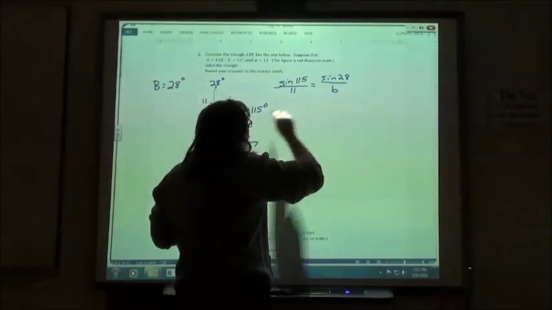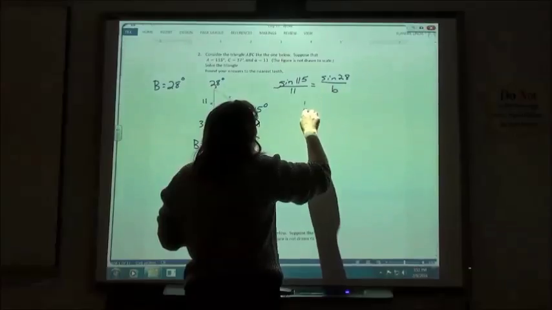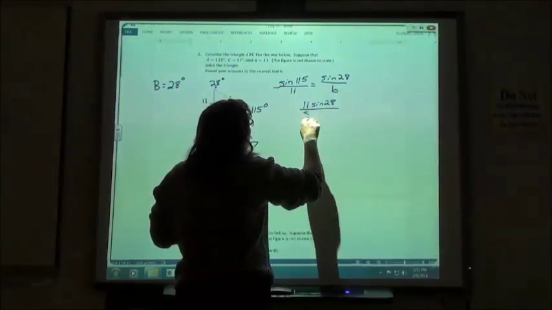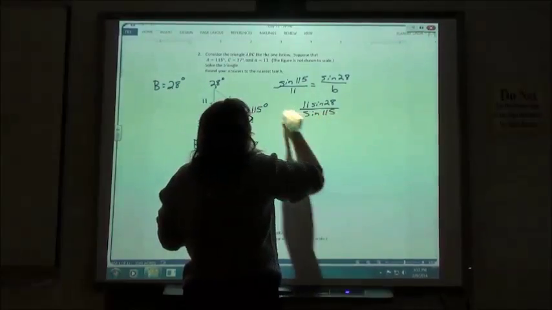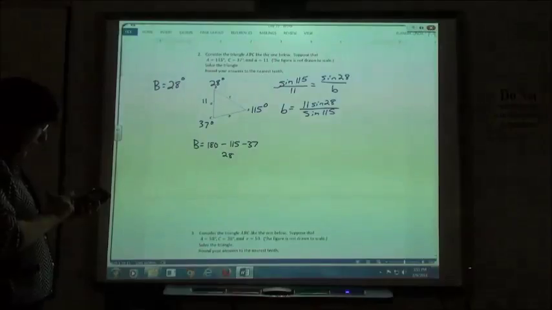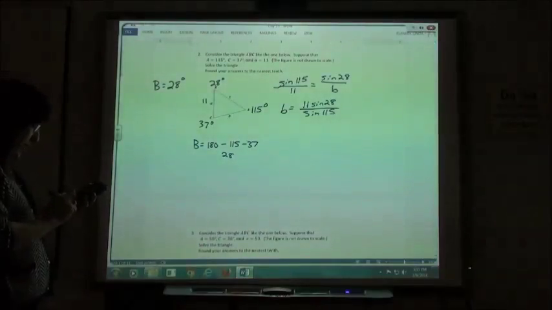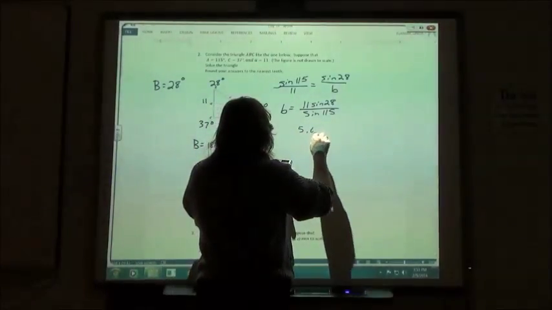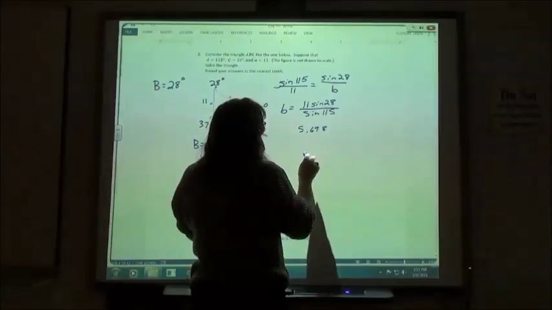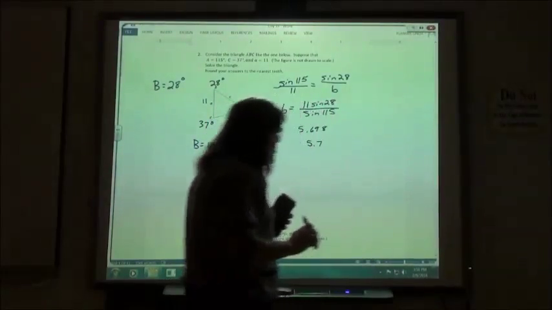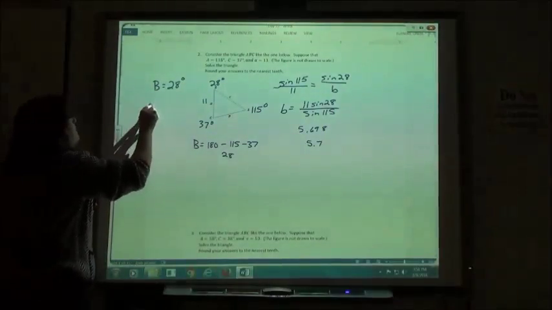So I'm going to take the 11 times the sine of 28. I'm going to end up dividing by the sine of 115, and that's going to give me my answer for B. So 11 sine of 28 divided by the sine of 115 gives me 5.698. I am rounding to the nearest tenth, so 5.7 is what's going to be the side length for B.